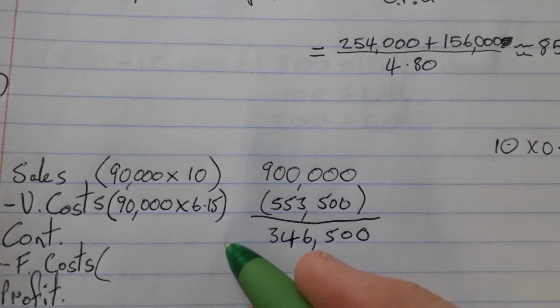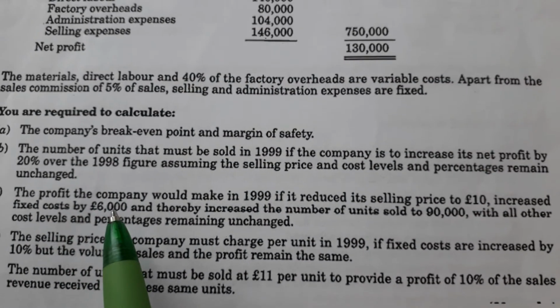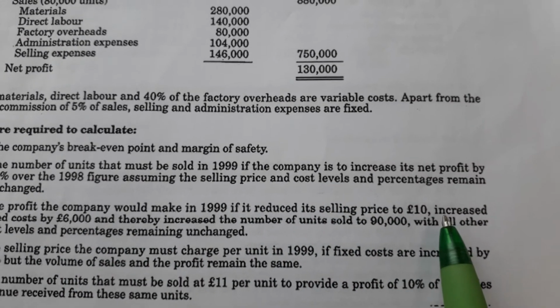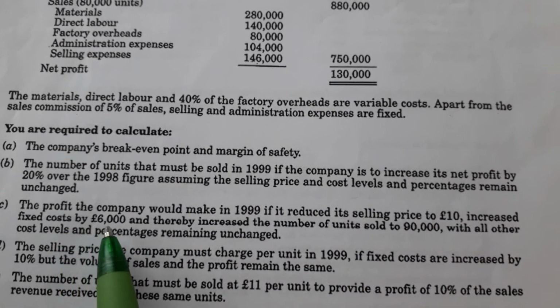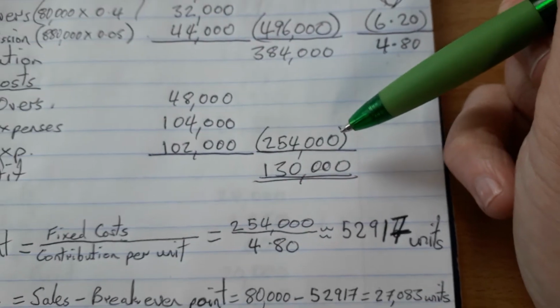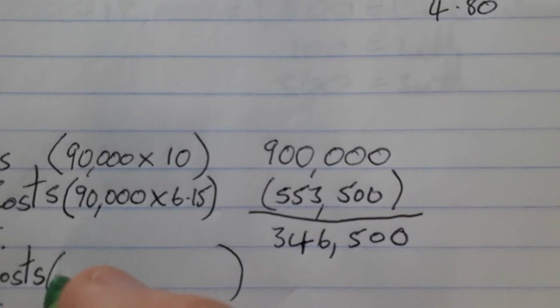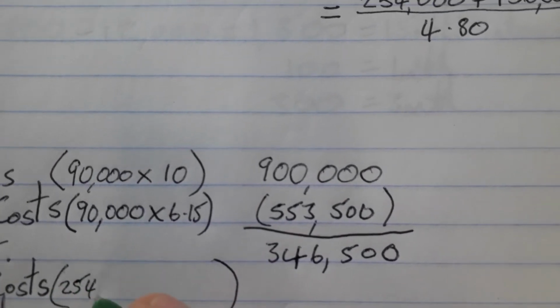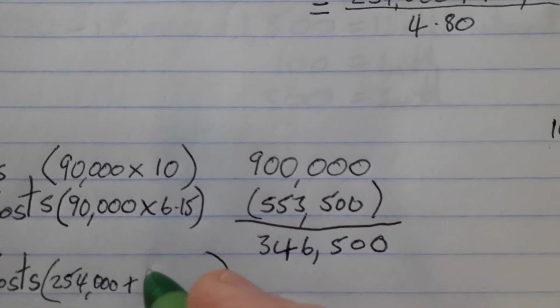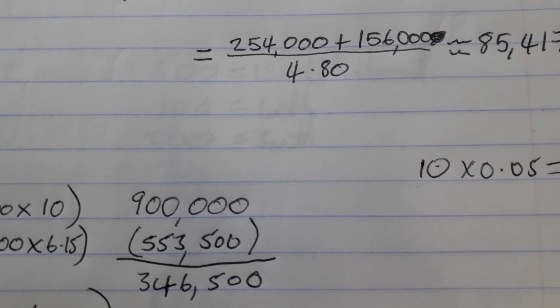Now, the next thing is my fixed cost. A little bit of working to be done there as well, because that was the third thing they changed: they said the fixed costs increased by 6,000. So our fixed costs were originally 254,000, and now we're going to increase them by 6,000. So 254,000 plus 6,000 gives me 260,000.